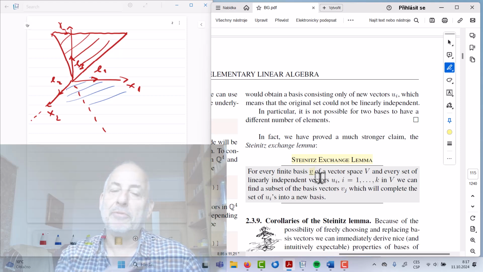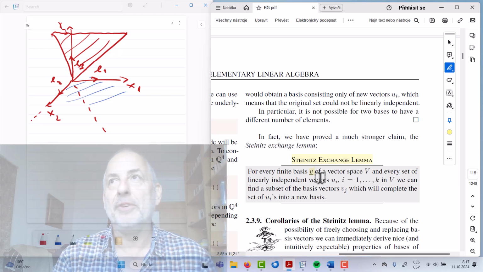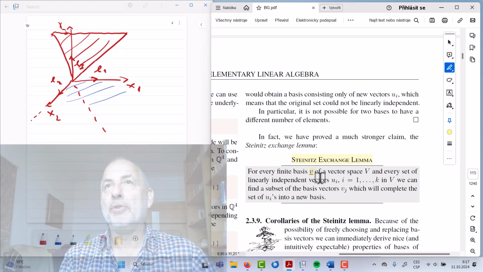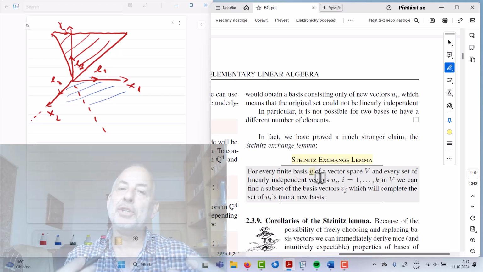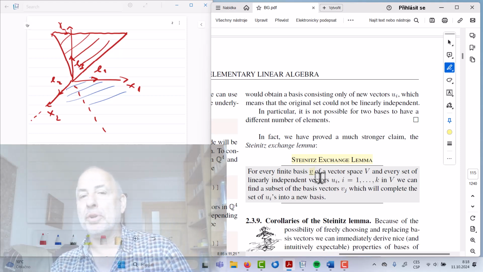And that means that V is a set v1, v2 up to vn, right? If it's not a finite basis, then we can also think that you have a set which is the basis, and then the vectors are something like mappings from this set to coordinates, right?